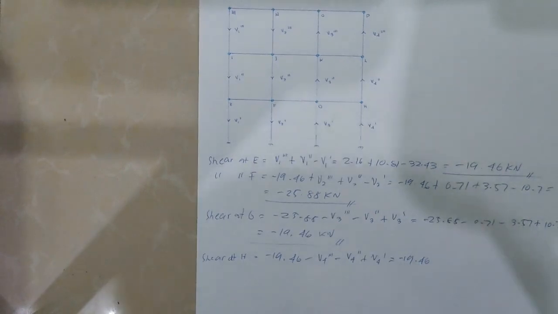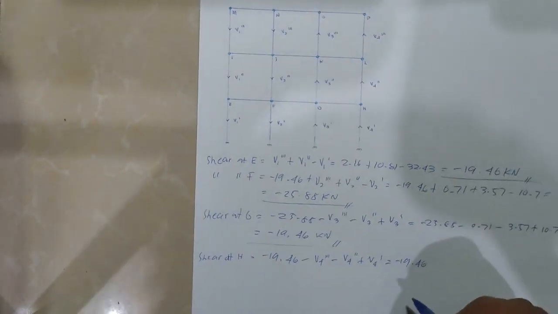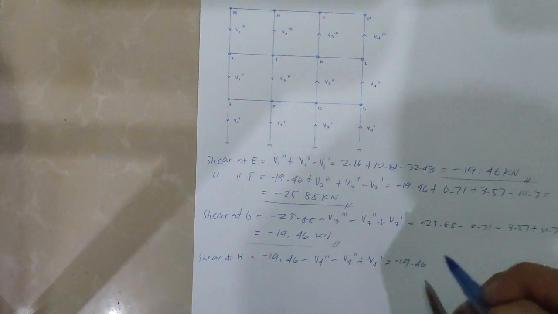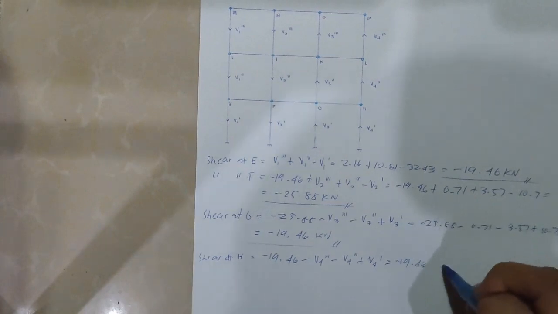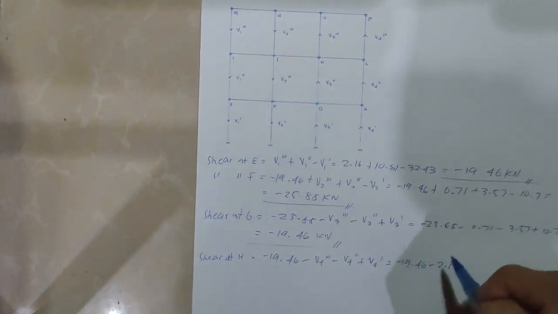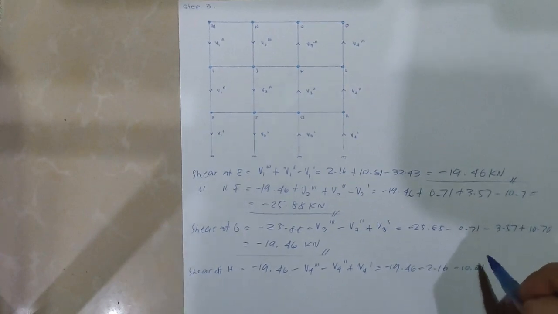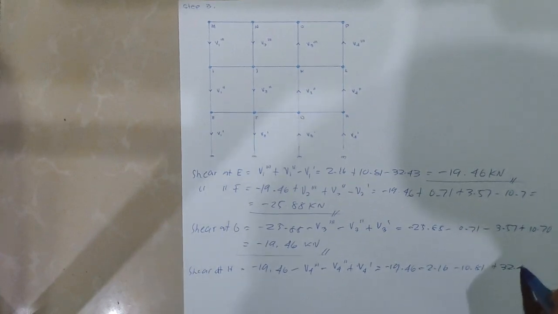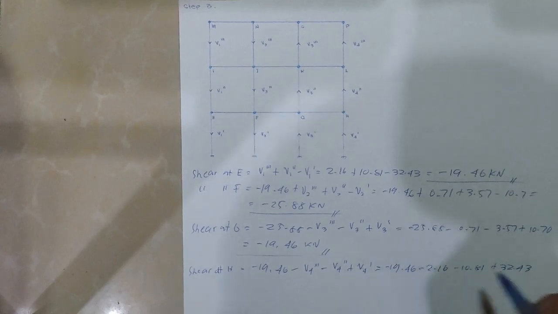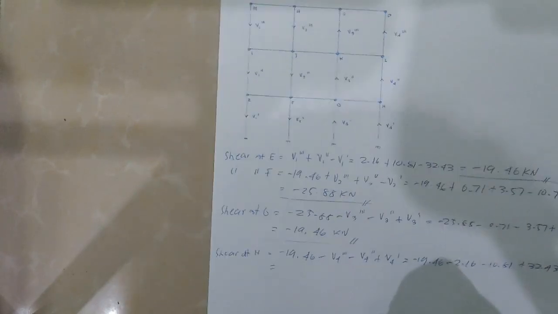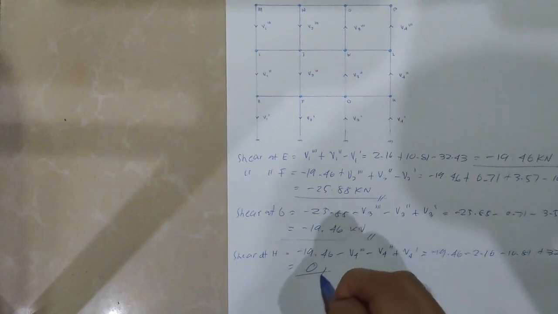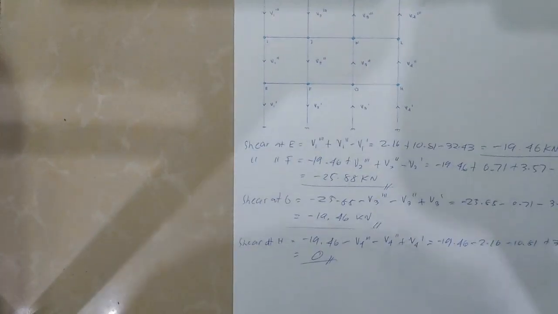So negative 19.46 minus 2.16 minus 10.81 plus 32.43, which, if we input it, equals 0.